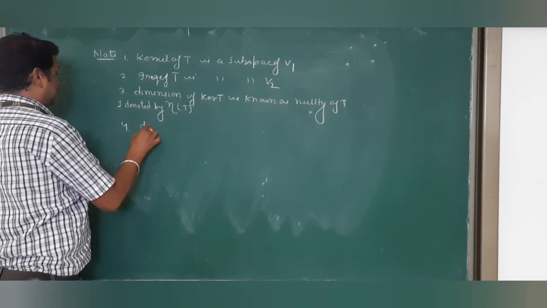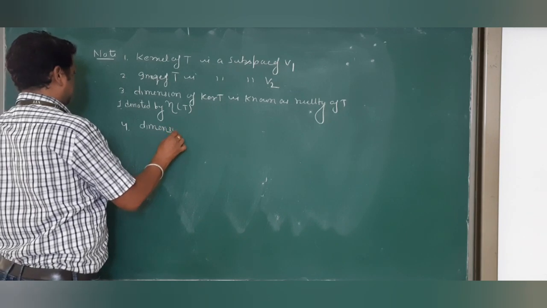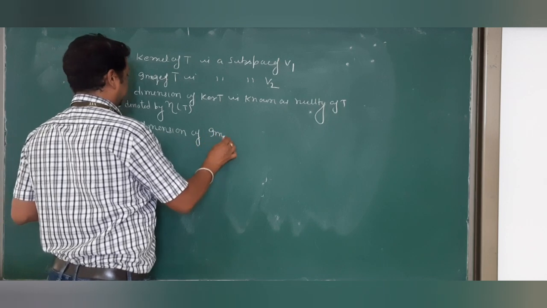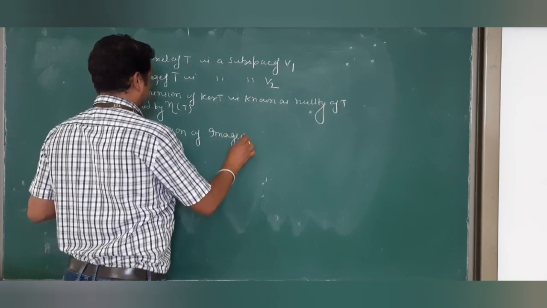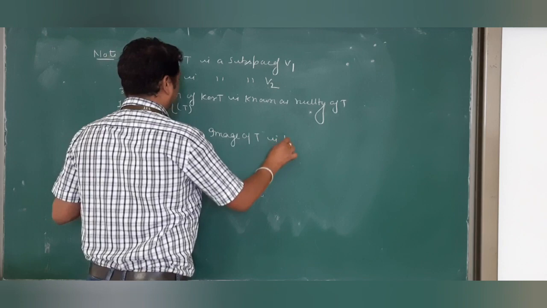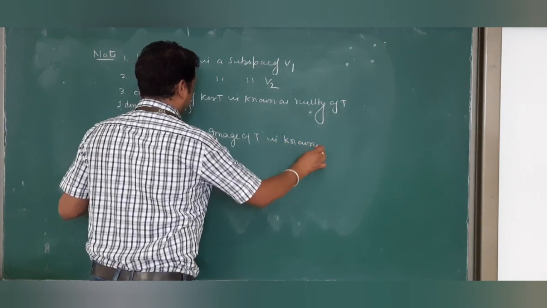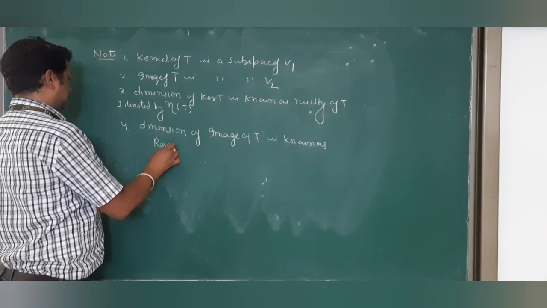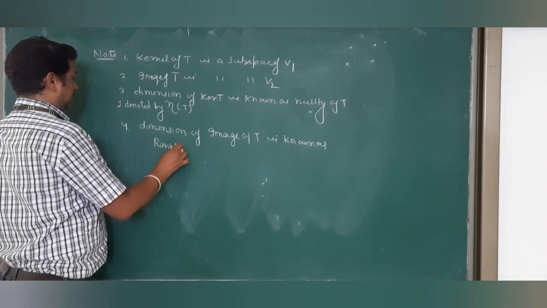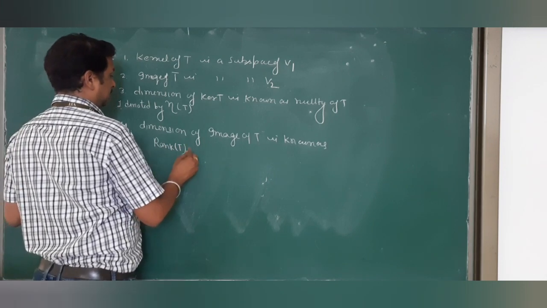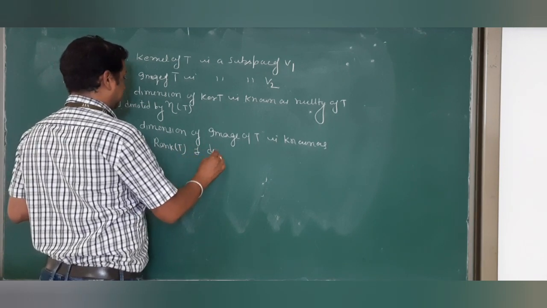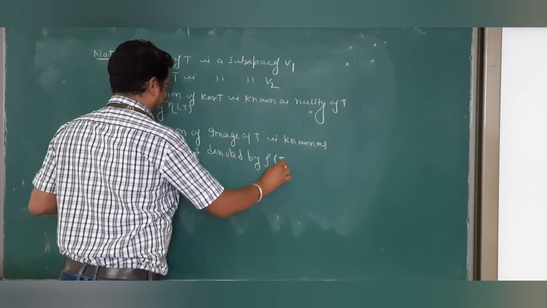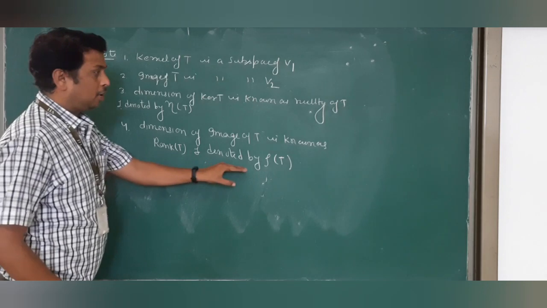Fourth, dimension of image T is known as rank T and denoted by rank. These are very important properties.